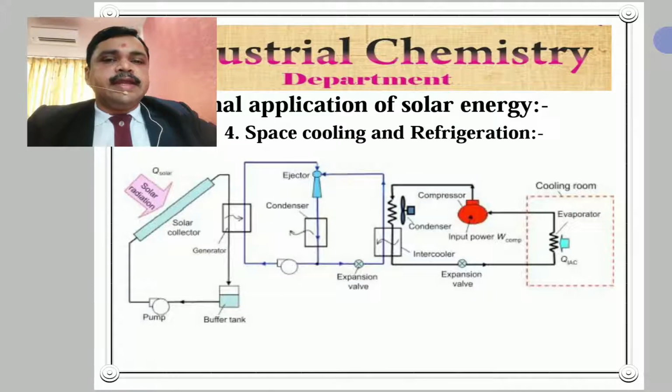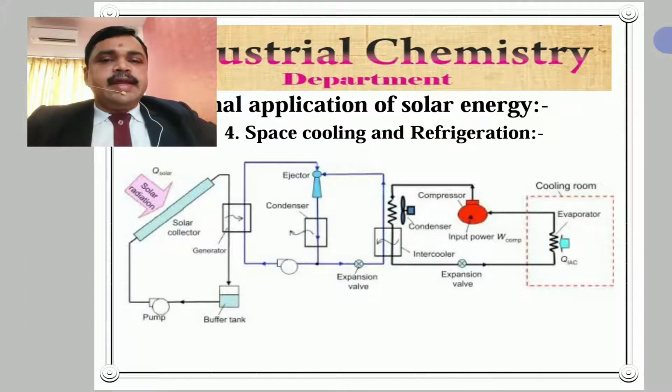Water is heated in a flat plate collector. The flat plate collector is for heating of water. Sometimes more than one flat plate collector is arranged, so we call it an array.